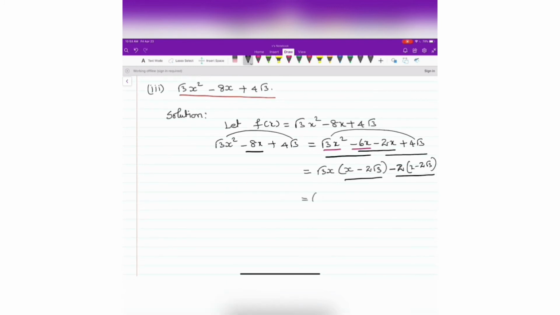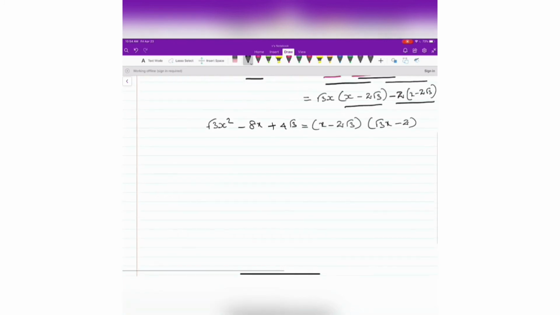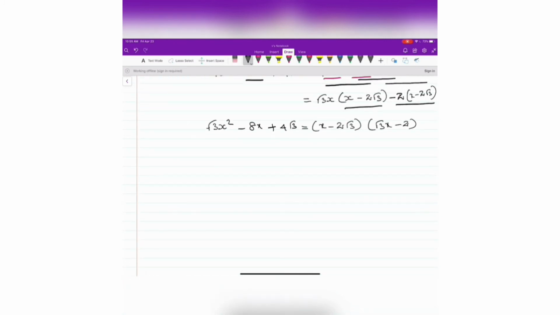So I will be getting x minus 2 root 3 into root 3x minus 2. So I am getting root 3x square minus 8x plus 4 root 3 as x minus 2 root 3 into root 3x minus 2. Now, you know that the zeros of the polynomial are given by f of x equal to 0. So, let me write that.